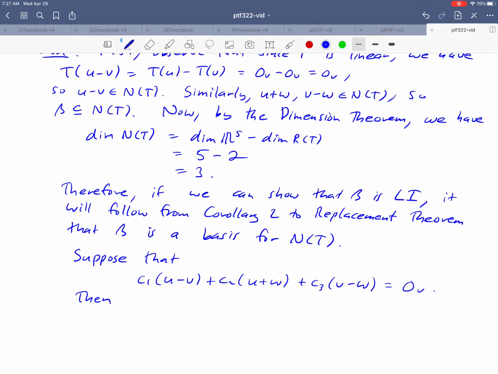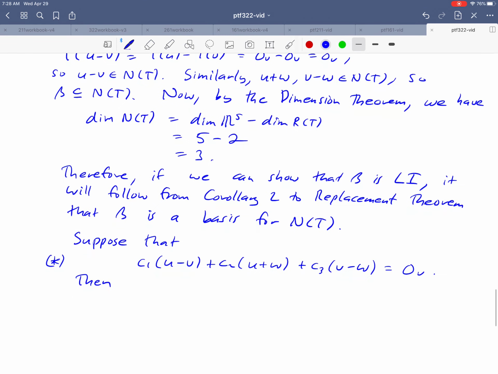What we're trying to show is that that equation, let's call it star, has only the trivial solution. In other words, we'd like to show that all three of those constants have to be 0.